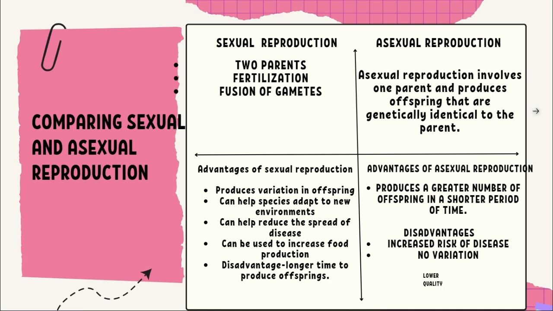And the disadvantage of sexual reproduction is that it takes a longer time to produce offspring. So, for example, compare human beings, where a pregnant woman has the baby in her belly for 9 months to give one or two children, because the chances of having triplets and quadruplets are very, very low.